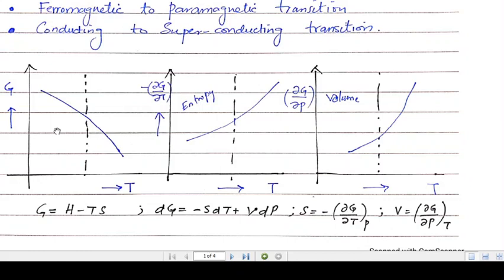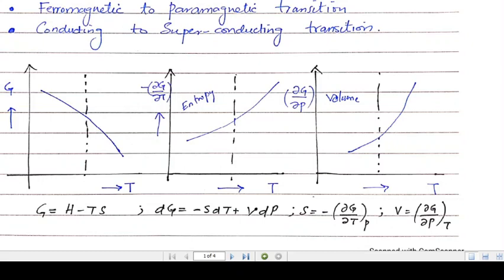However, the slopes of the first and second order phase transitions will be different for the Gibbs free energy. As we increase the temperature T, the Gibbs free energy decreases, and this trend is the same as in the first order phase transition, but the slopes are different.